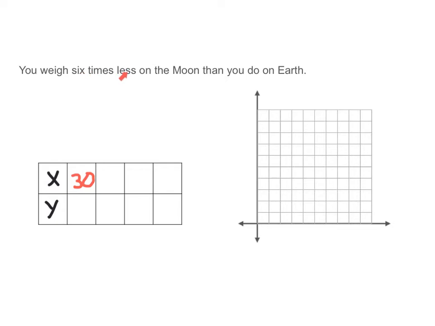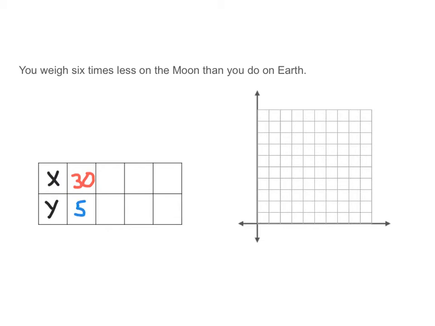Now this is 6 times less. It doesn't mean you weigh 6 pounds less, but 6 times less. So that means we're going to find a sixth of 30. So what would you weigh if you were 30 pounds? Then you would weigh 30 divided by 6, which would be 5.